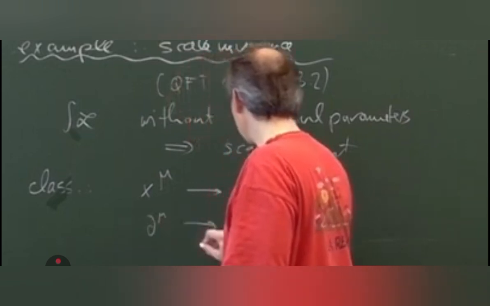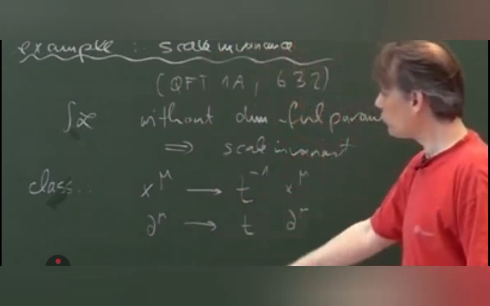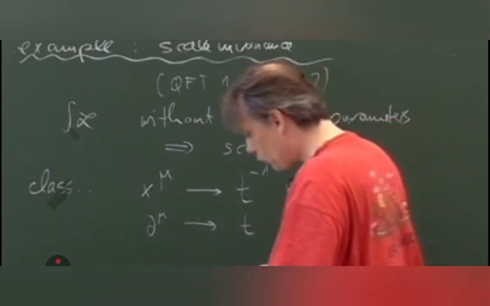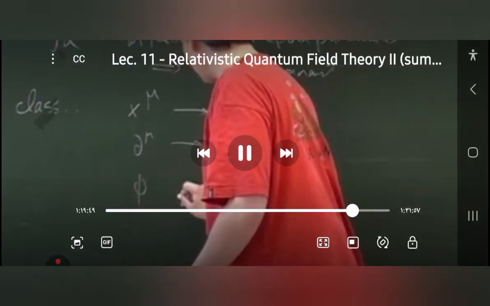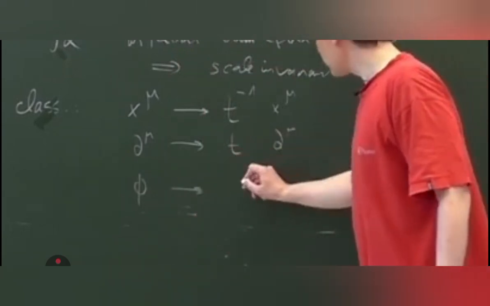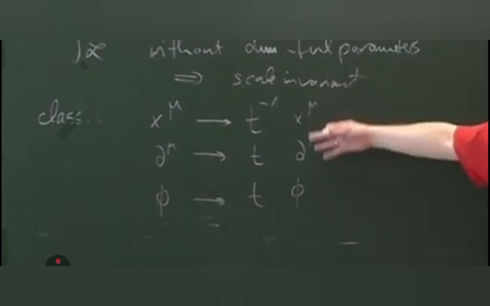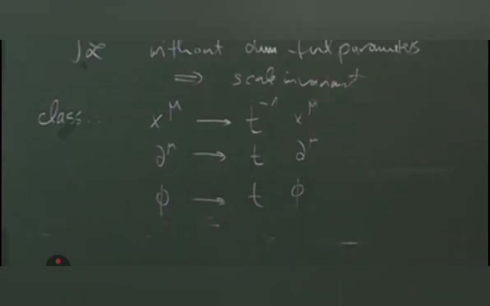First of all, derivatives scale in the opposite way, of course, because they are basically like 1 over x, and then the scalar field phi in the theory has also dimension 1, just like a derivative, so you would also scale it in the same way. And if you do that, then your action is automatically completely invariant under this transformation. And so if you look at any Green function on the classical level, it would have to respect this particular symmetry.